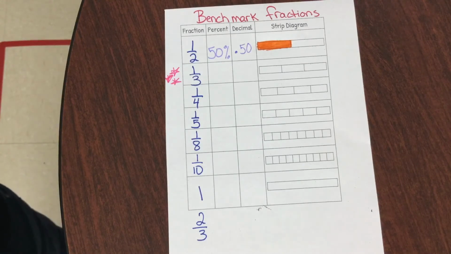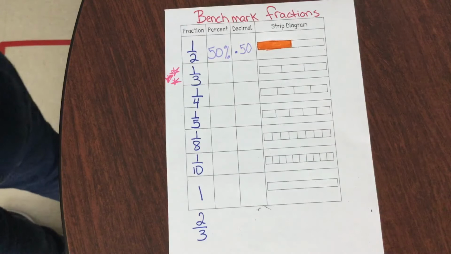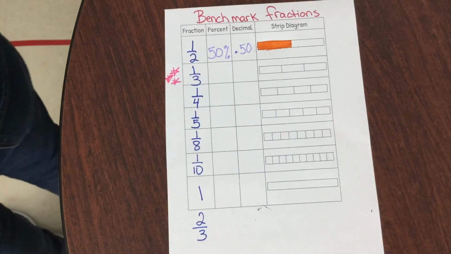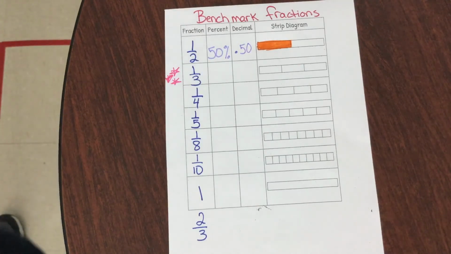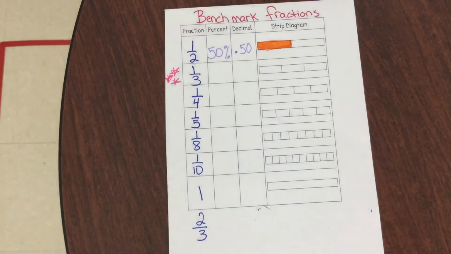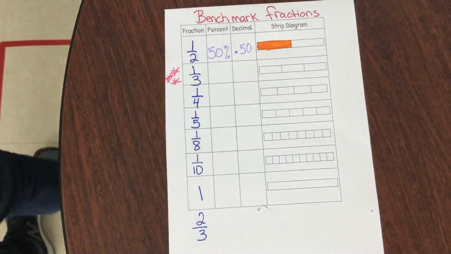If I were to divide it out, it would end at that 0.5. I wouldn't have to keep dividing it out, correct? That's called a terminating decimal. It terminates. It ends.